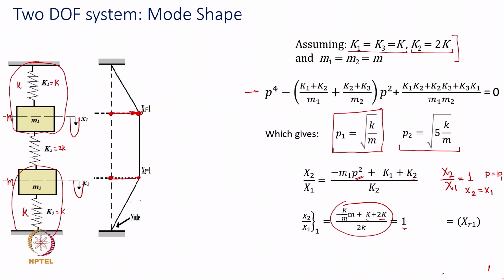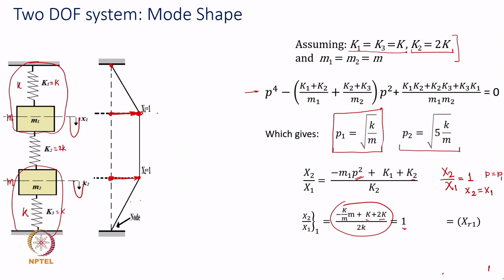in the horizontal sense. This spring is fixed here and the spring gets stretched as it moves, and the same way this spring is also stretched in the same direction. Okay. So, the motions x2 and x1 are identical.